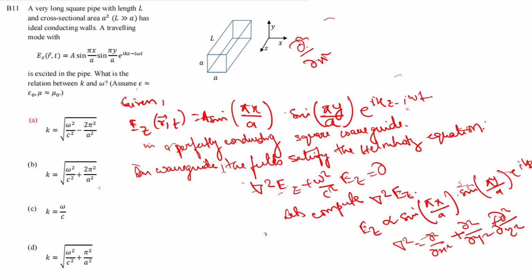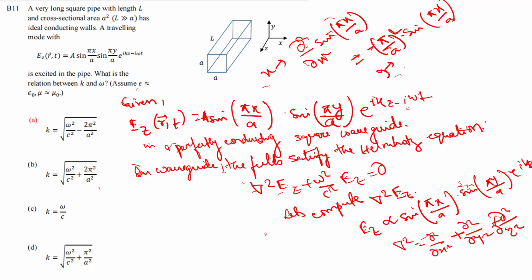Del square by del x square of sine pi x by A equals minus pi by A whole square into sine pi x by A. Similarly for y, we can write minus pi by A whole square into sine pi y by A, right?